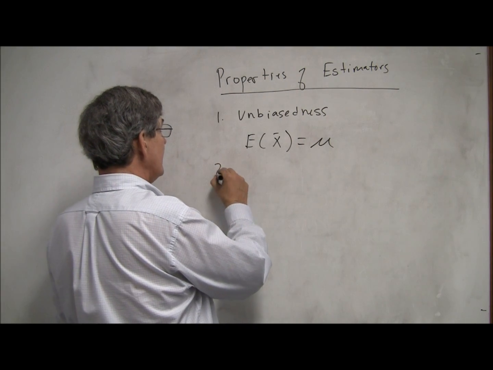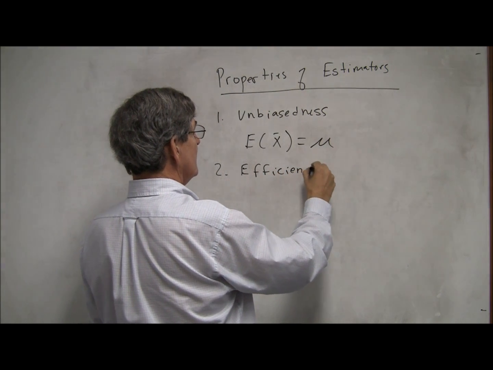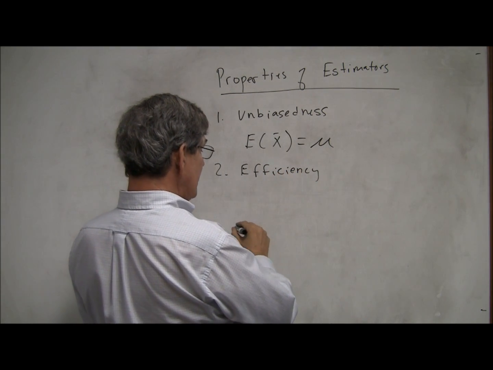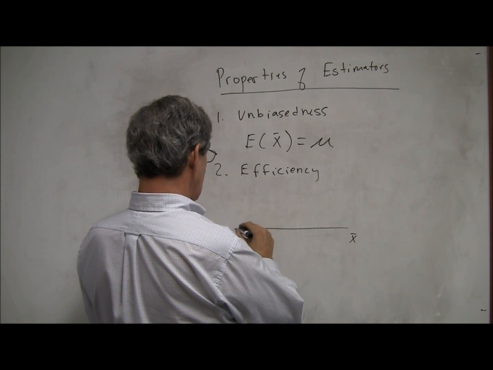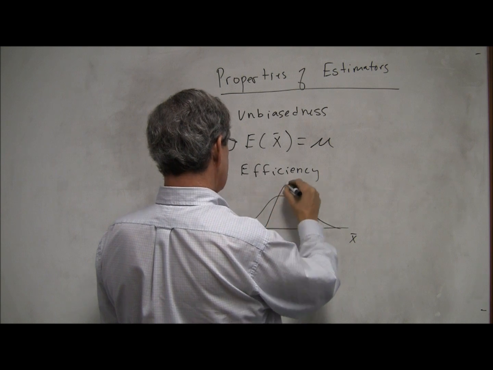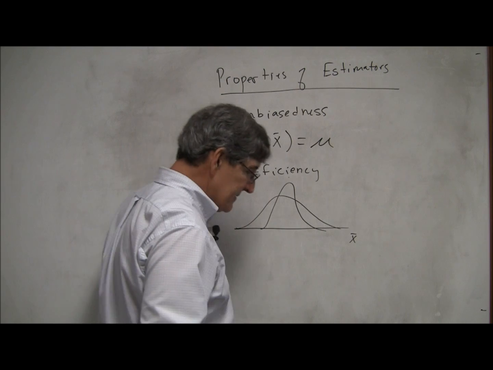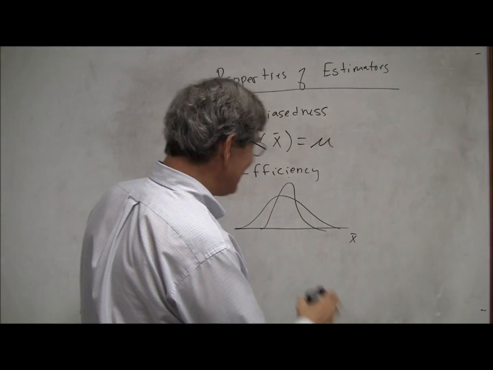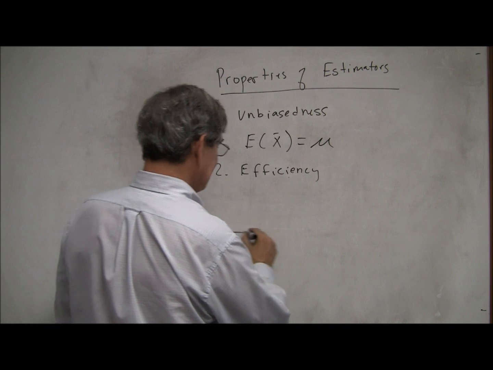Okay, the second property is efficiency. If I have 2 estimators of x bar, one with this distribution and one with this distribution, I didn't draw that very well. I want them both centered on the same value. Let's try that again.